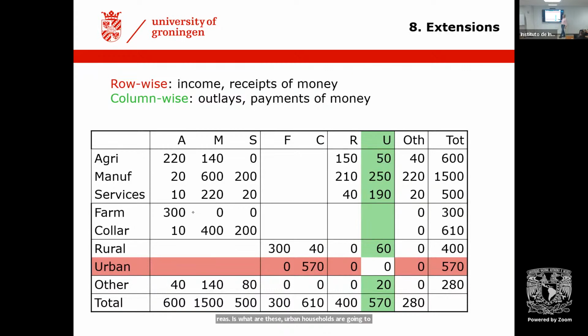The urban households received 570 from the blue collar workers, and what are they going to do? They're going to buy final products, and they're going to give some money, a transfer, from urban households to rural households. So these are income transfers, and of course they buy some imports.